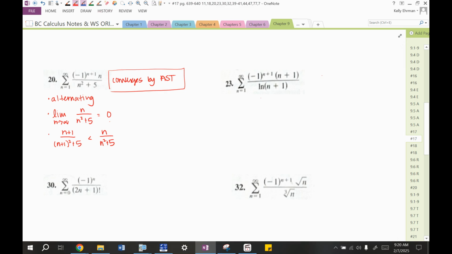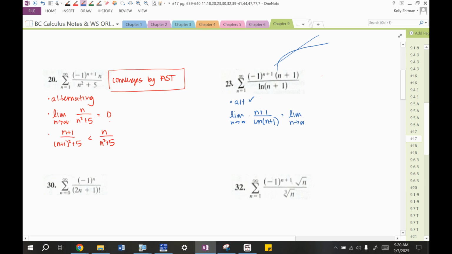All right, take a look at 23. Alternating again, that's true. This time we have the limit as n approaches infinity of a linear expression over a natural log expression. Now, I can think about function races in my head. A linear function does grow faster than a natural log. Maybe the natural log grows faster for a little while, but eventually it does not grow as fast. But you can also do a round of L'Hopital's method.